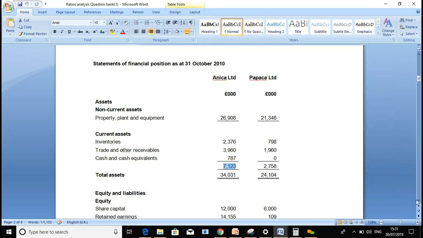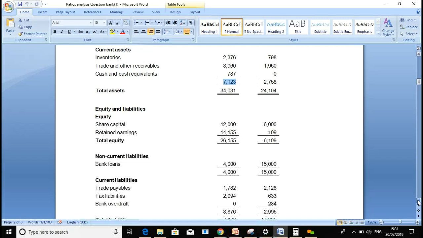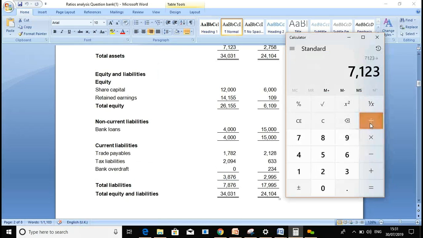We can check the liquidity ratio: 7123 divided by current liability 3876, which is 1.83. The ratio means for every 1 pound of liability, I have 1 pound 83 pence of asset, which is still good, more than 1. Any question?